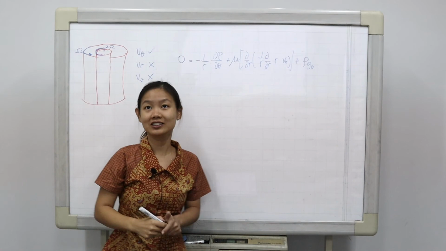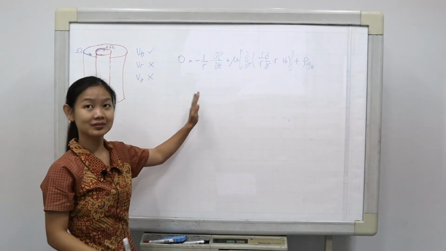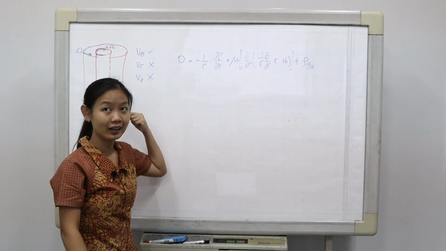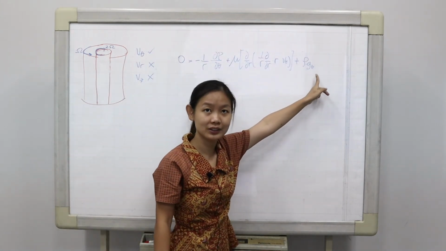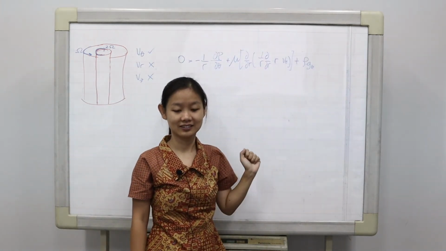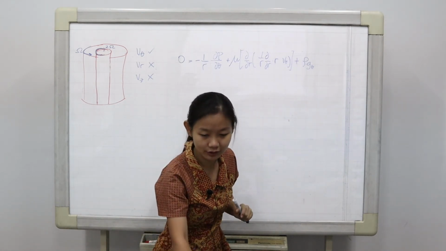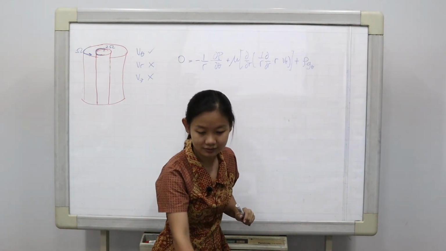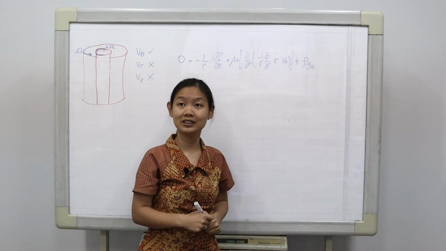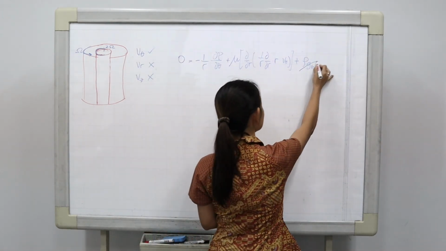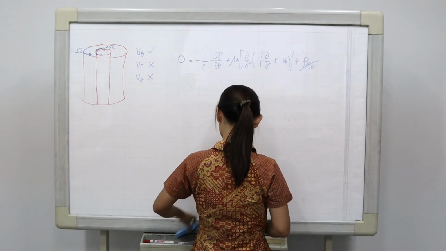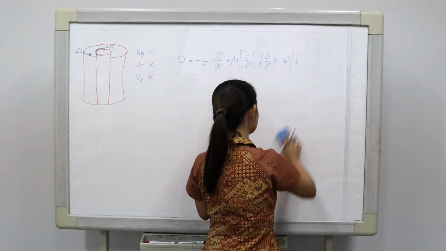I want to ask you about this equation: do we have a gravitational force in the theta direction? Do we have g theta? No. Good, this one is 0. I will just erase this.